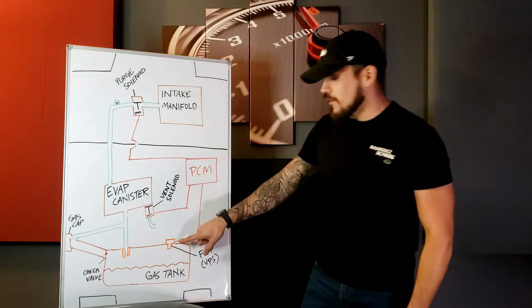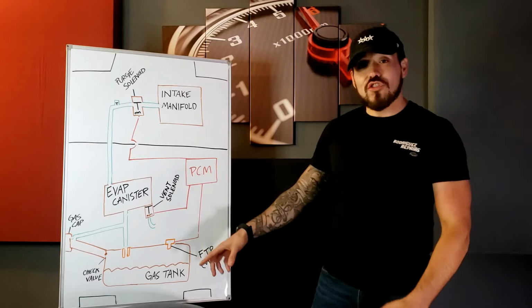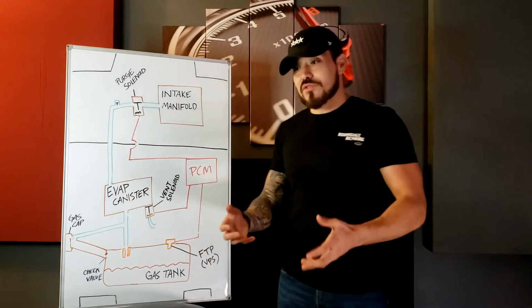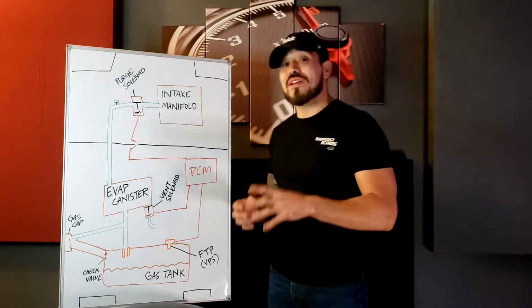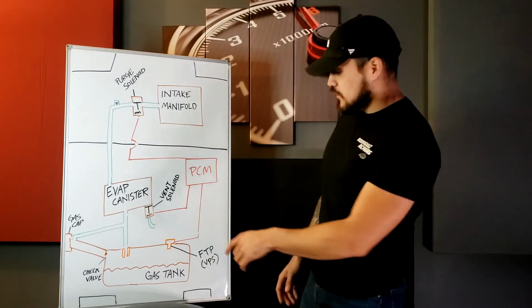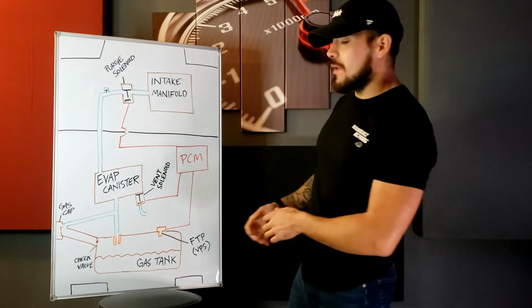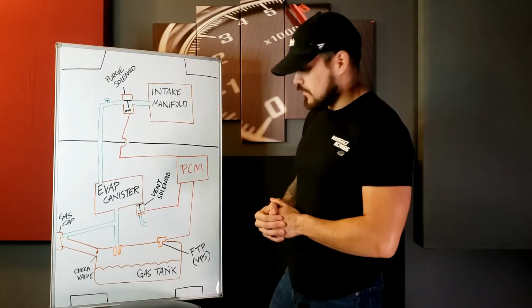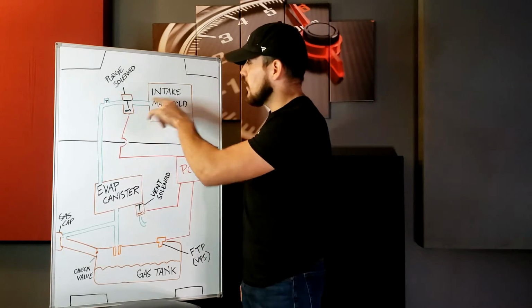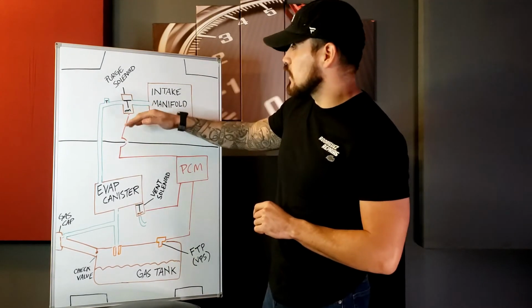It's going to be measured by the fuel tank pressure sensor, because even though it measures pressure, in this instance it's going to be measuring vacuum, negative pressure, correct? Yes. Once the EVAP system has reached its threshold of vacuum, according to the PCM, the purge solenoid is going to close.